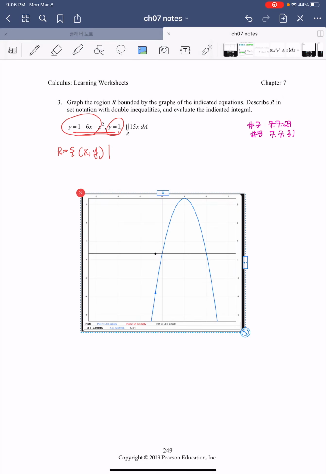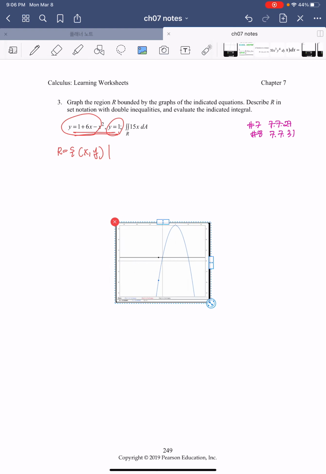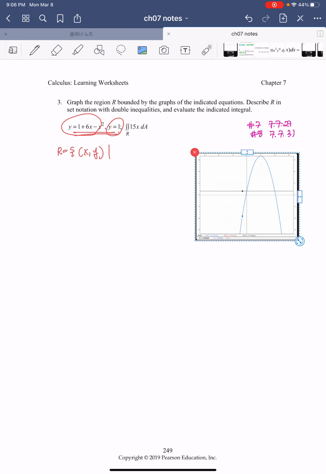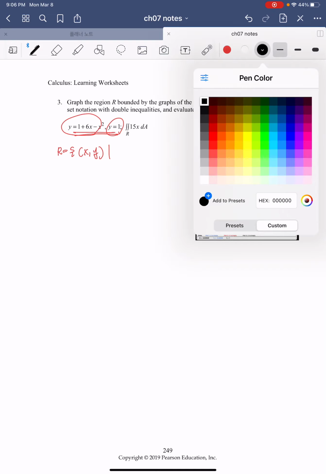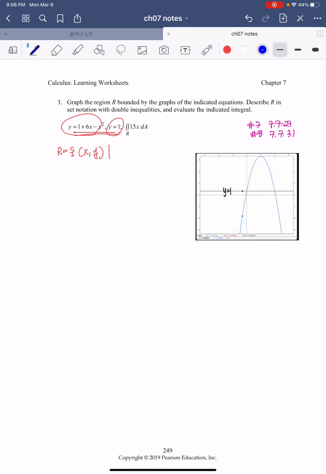Right? So this point right over here is y equals 1, this curve here, the black curve. Let's actually color code it. So y equals 1 is this black curve. Now the blue curve is y equals 1 plus 6x minus x squared.